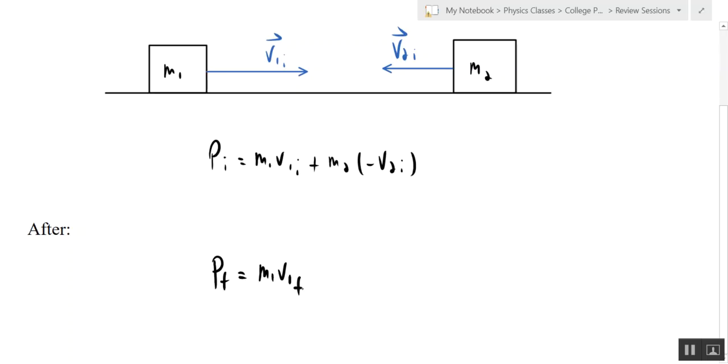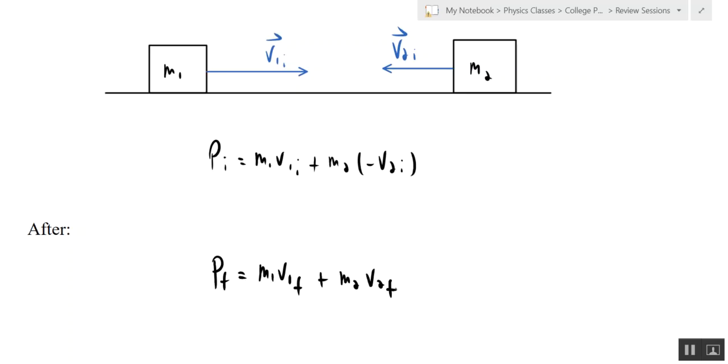V1f could be positive or negative, depending on if it's going to the left or to the right. And then mass 2 has its own separate momentum, because they're not stuck together, so they each have their own individual momentums. And that's the momentum of mass 2. If you add them together, that's the total momentum of both of them after they collide.